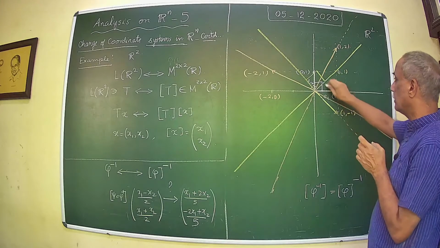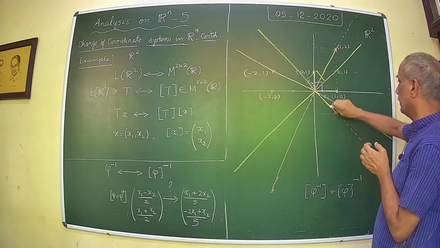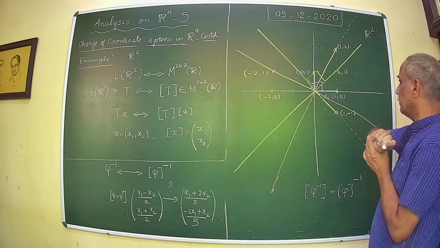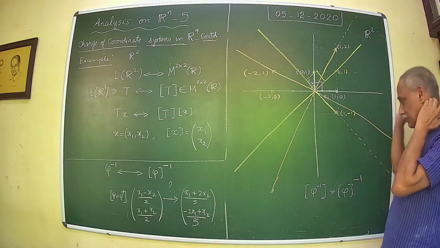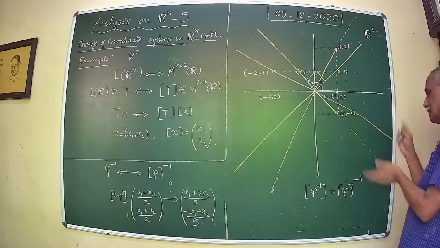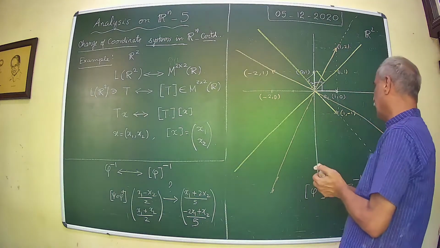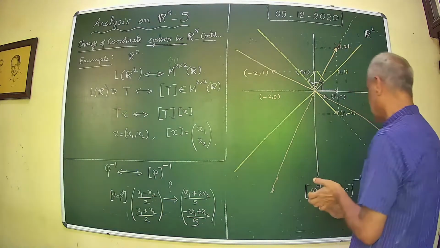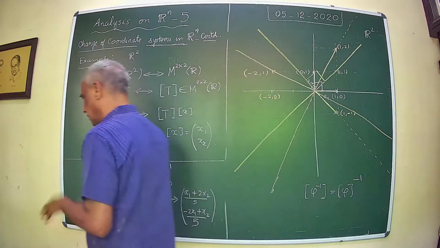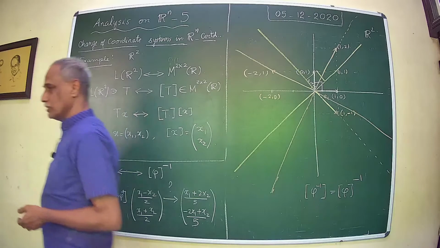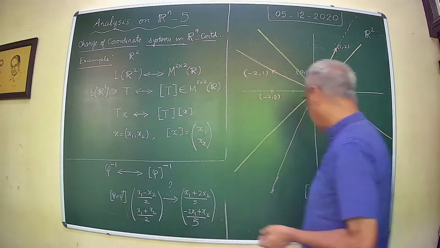The white ones are linearly independent vectors, the yellow ones are linearly independent vectors, and the orange ones are also linearly independent vectors. So going from one system into the other, the corresponding isomorphisms will always be invertible isomorphisms.